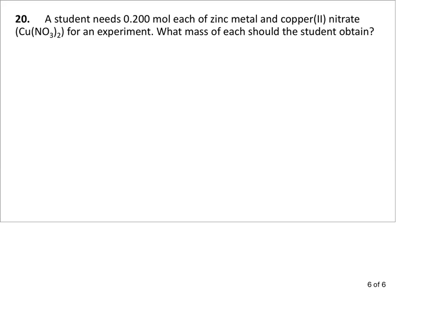And it says what mass of each here. So we got 2 things, mass of each. We got 0.200 moles of zinc metal and then copper 2 nitrate. So we'll take care of the zinc metal first. That'll be a nice simple one like we did in the previous lesson.